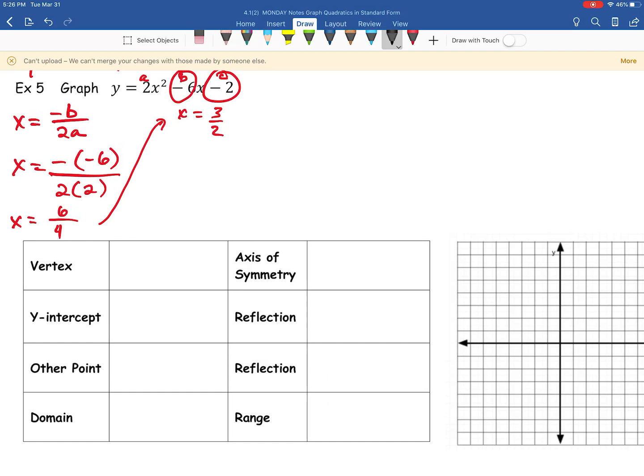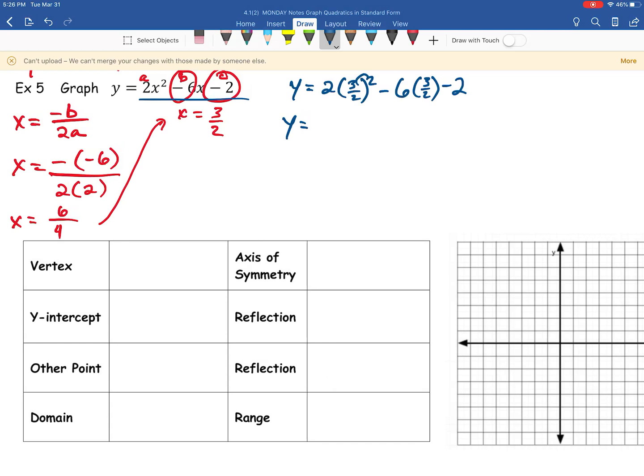Now we'll go ahead and take that x value and plug it into our quadratic. And when we do that, we have y equals 2 times 3/2 squared minus 6 times 3/2 minus 2.